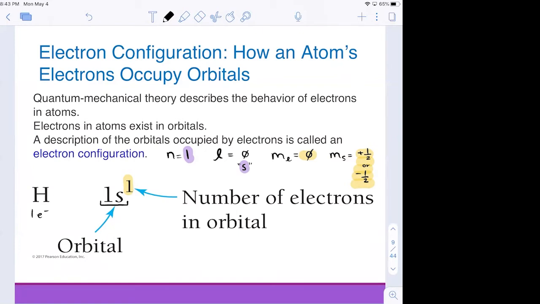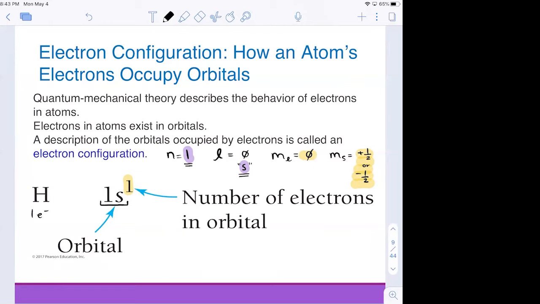We know that the lowest energy would be n equals 1. And when n equals 1, that gives us an s orbital. And hydrogen can put its 1 electron in there. So we have an electron configuration for hydrogen of 1s1. That's how we would read that. You can also say 1s superscript 1, but I just like to say 1s1. That's the identity.